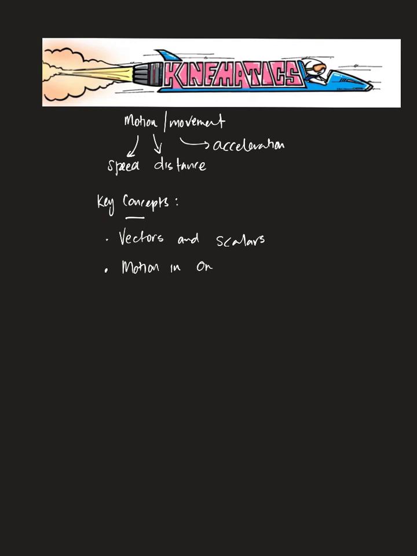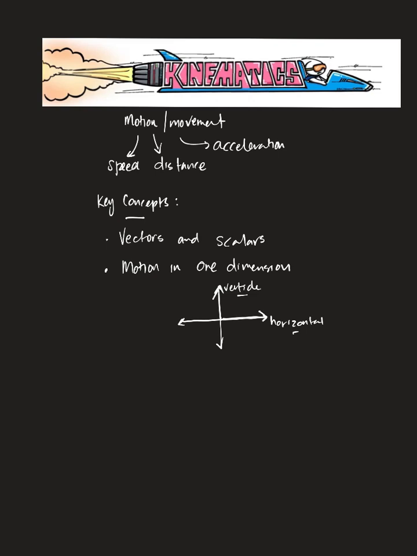in one dimension. And what we mean by motion in one dimension, if I had an axis like this, I have two dimensions. One dimension is horizontal and the other one is vertical. So at grade 10, we look at motion that's either vertical or horizontal.